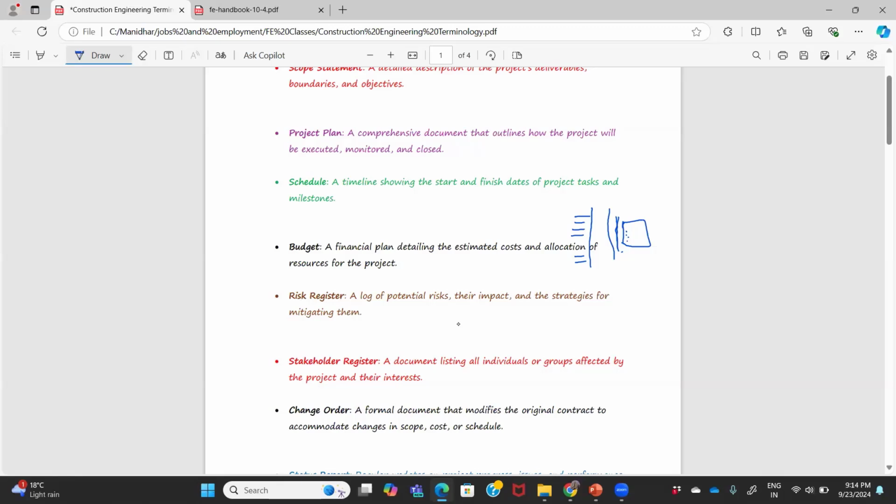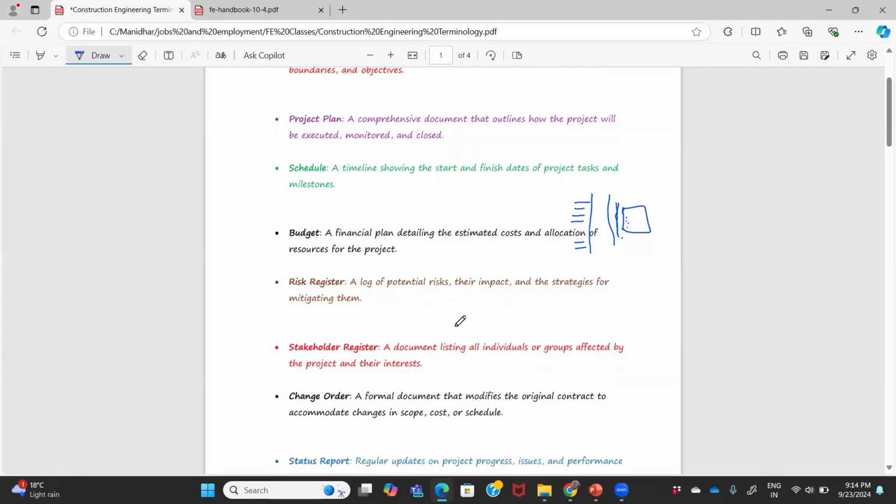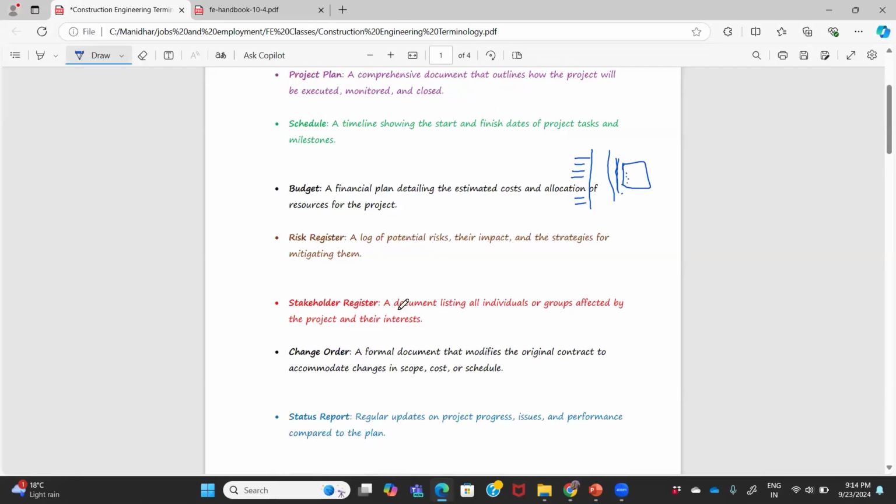Apparently there will be a slowdown in your progress of work, and you have to take this risk into your accounts too, which will delay the project and the schedule of work. And hence I say the risk register keeps on updating, whereas the stakeholder register almost remains the same from starting to ending.